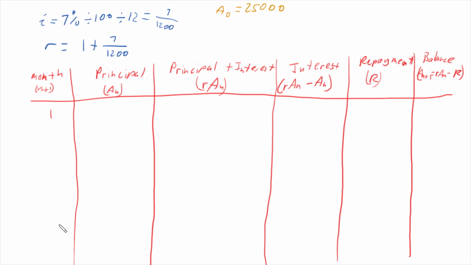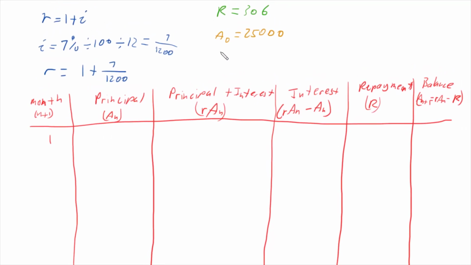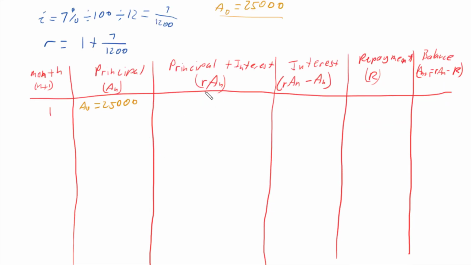So let's do month 1. Our principal in this case is actually A0, it's 25,000. Our principal plus interest is going to be R times A(N). Now R we have here, which is 1 plus 7 on 1,200.